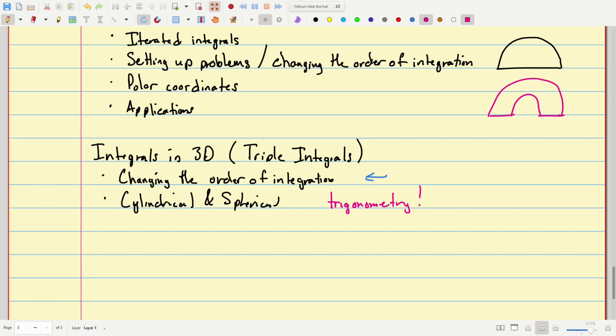There are going to be trig functions in the integrals. You have to know how to deal with them. I don't want to see tears if it turns out that you have to integrate cosine squared theta. It's not hard.